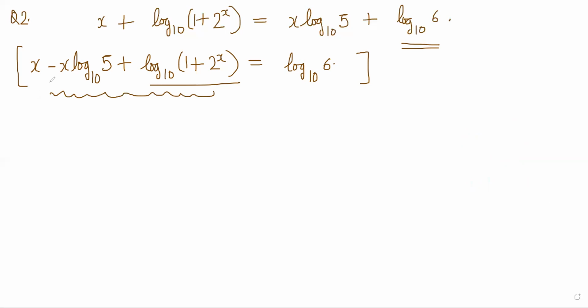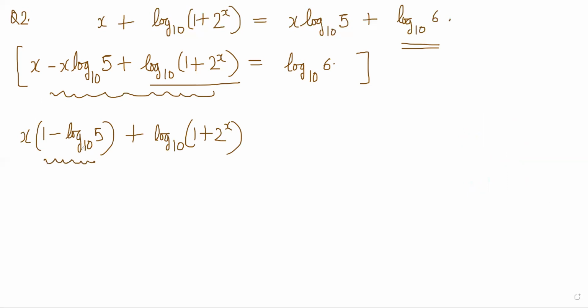So the obvious thing to do is take x common. It will come like this, plus log 10, 1 plus 2 power x, right? Can I write this not as a difference but as one logarithm?